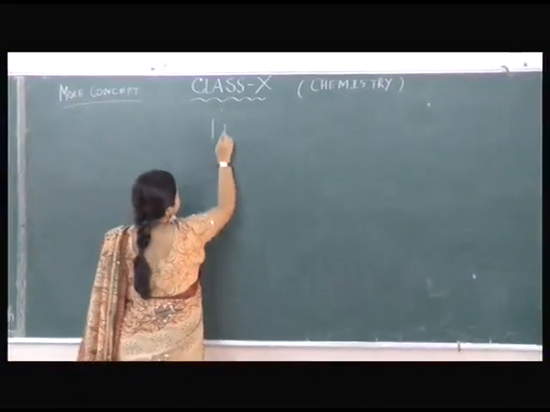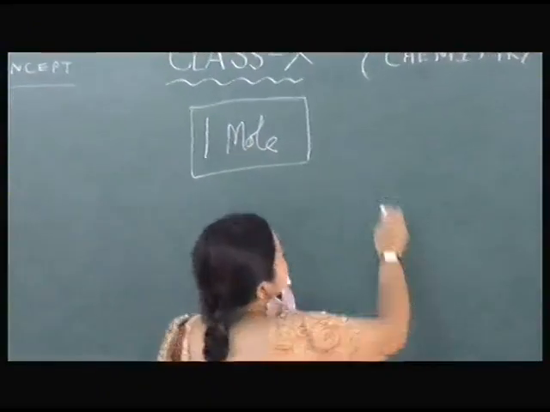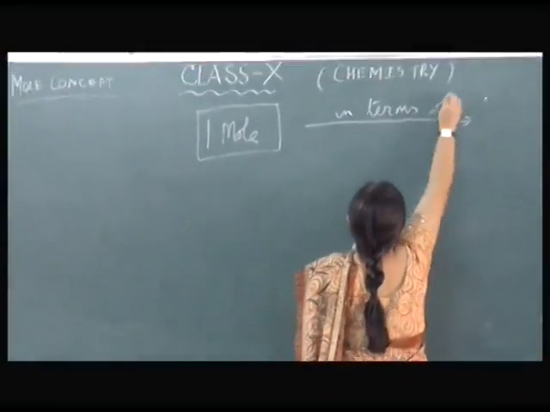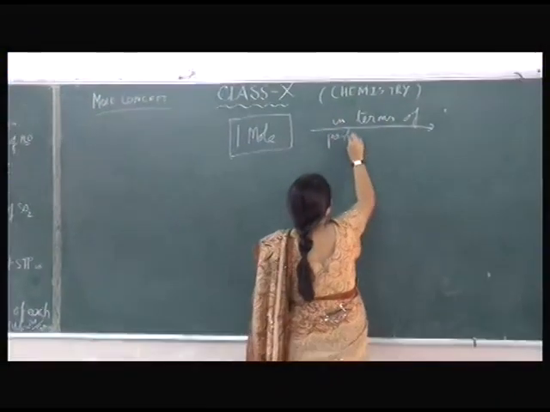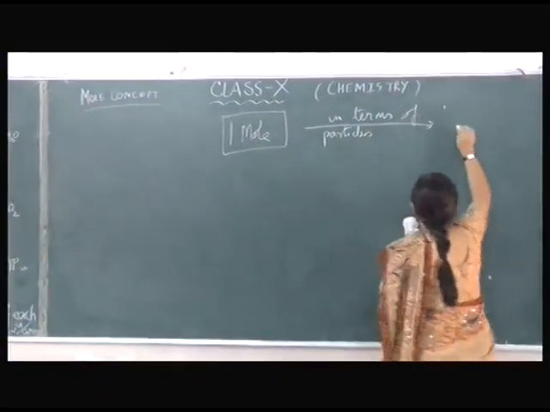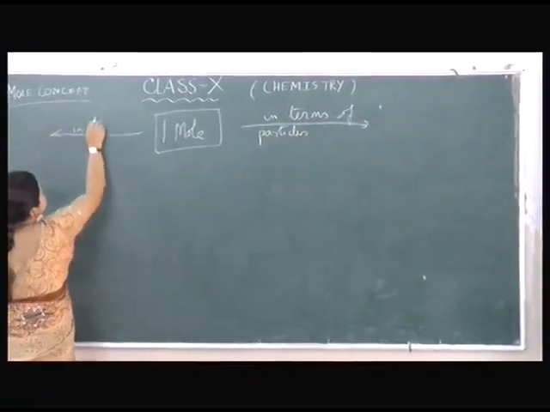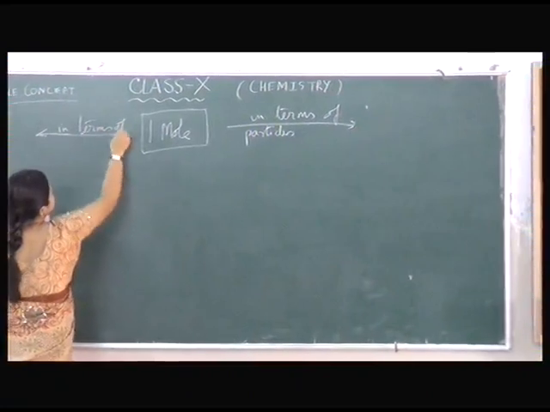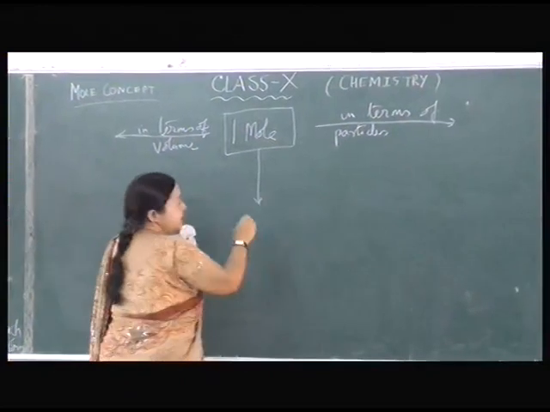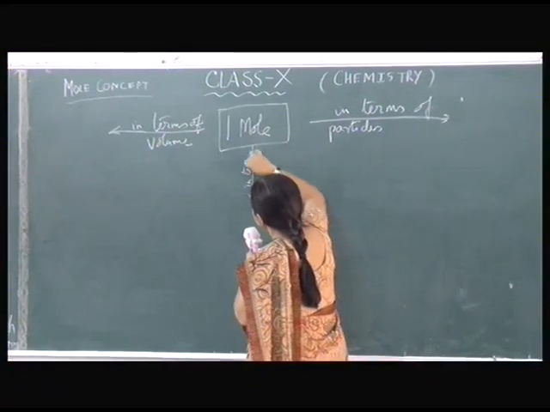So 1 mole can be related in so many ways: in terms of particles, particle meaning atoms, molecules, ions, etc., in terms of volume, and in terms of mass.